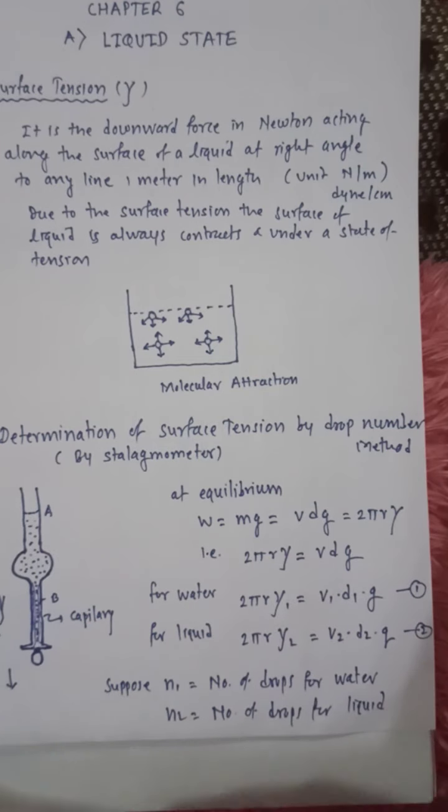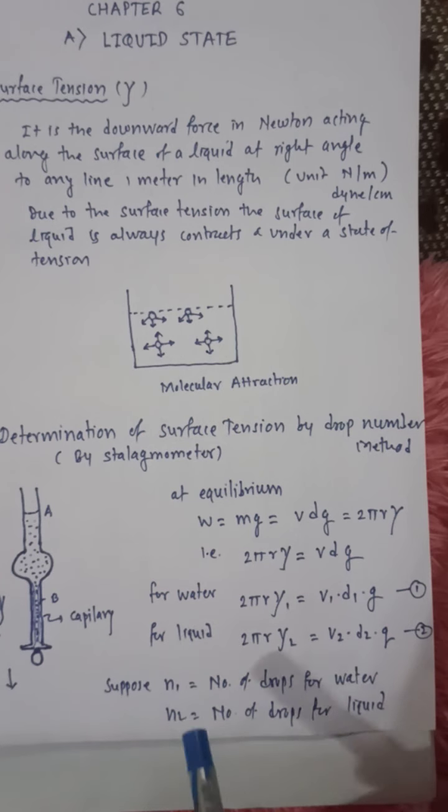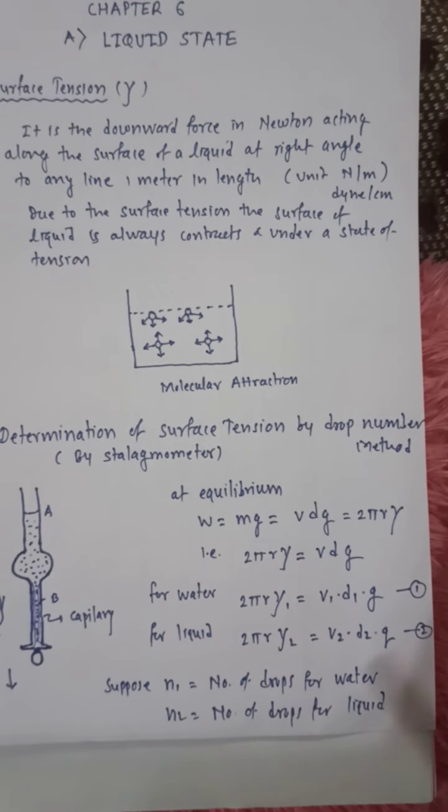First we fill the stalagmometer with water and count the drops. Suppose you get 30 drops for water, so write N1 equal to 30. Now you fill the stalagmometer with the liquid whose surface tension is to be determined and count the number of drops. Suppose N2 is 40, or 50, or anything. Just write N2 equal to 40.